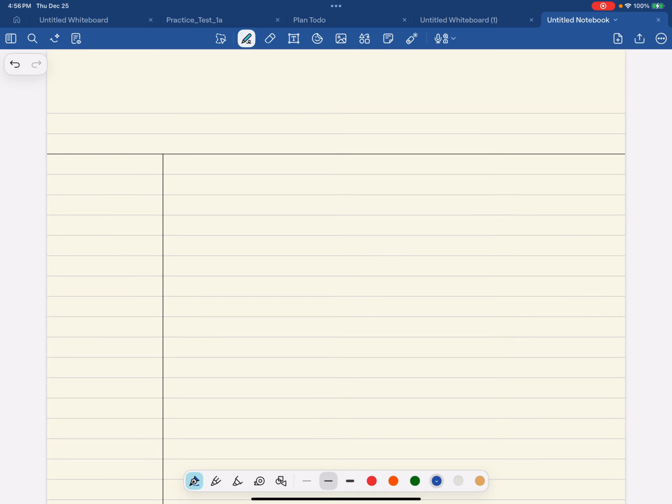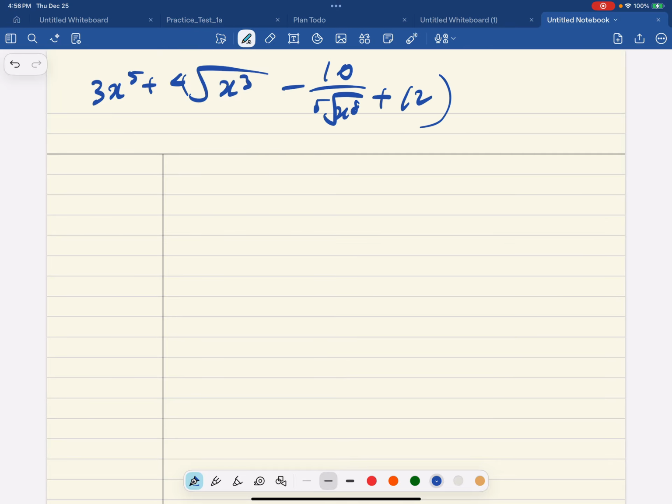And integration, you can do just a whole bunch of exercises of straight up integrating. It can be as weird and as long as the question may be. All of that integrated will give an answer. So first we want to rewrite it actually. This one we want to rewrite because that's a 3 over 4.